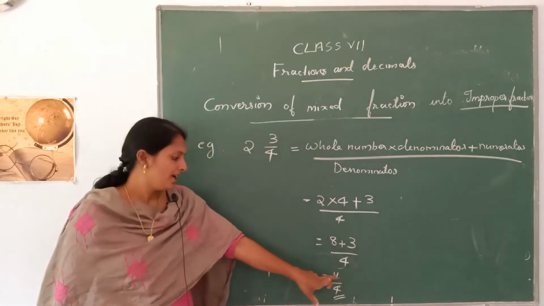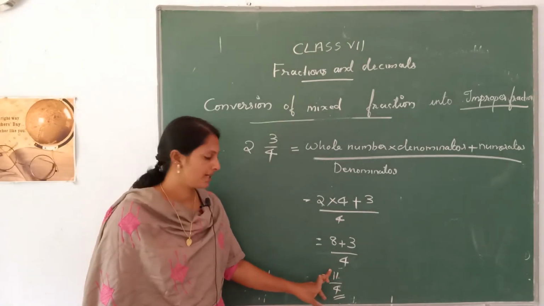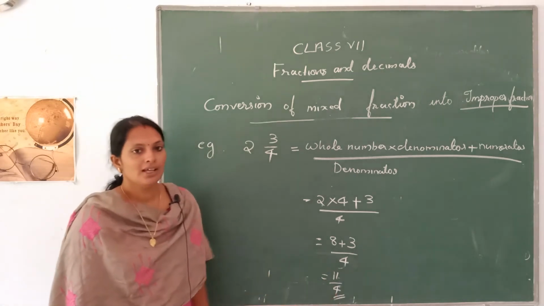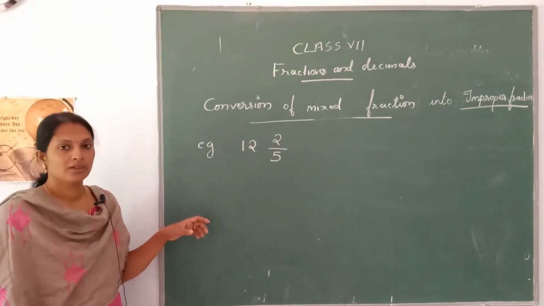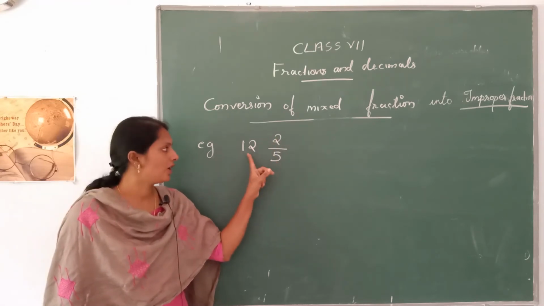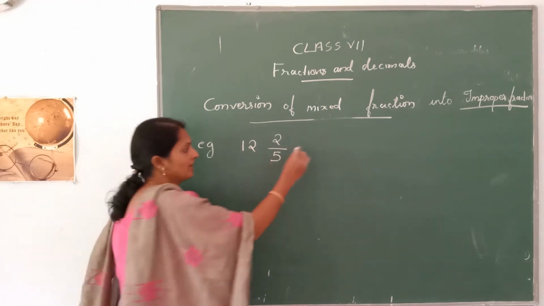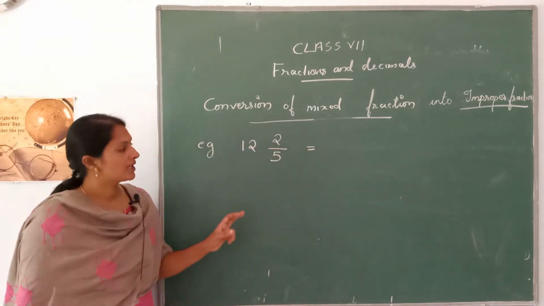You know that the numerator is greater than the denominator. That is an improper fraction. Next example, 12 2 by 5. Here 12 is the whole number, 2 is the numerator and 5 is the denominator. Then convert this into an improper fraction.